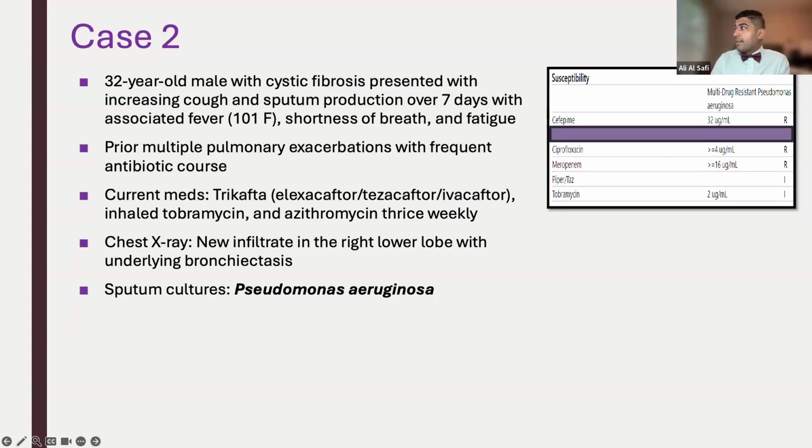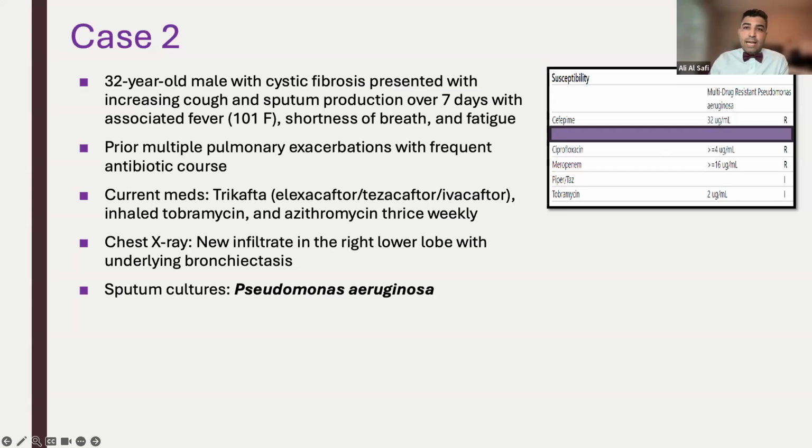As you can see here in the susceptibility testing, we have all R's and I's. So cefepime doesn't work, ciprofloxacin or levofloxacin don't work, meropenem does not work, and piperacillin tazobactam or Zosyn does not work, and even tobramycin is intermediate.